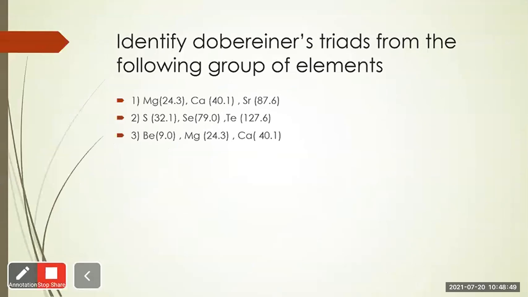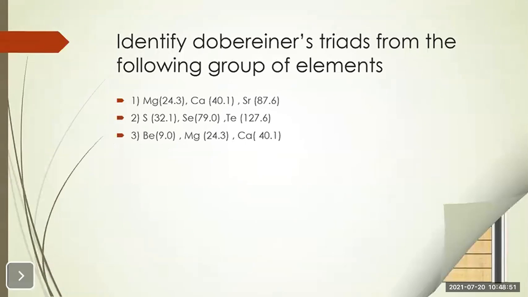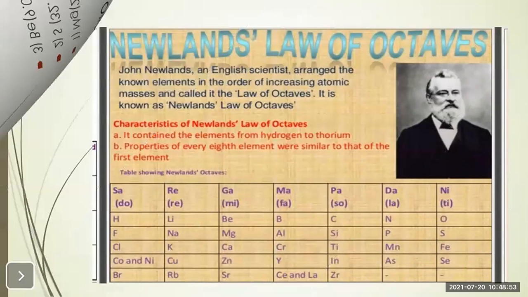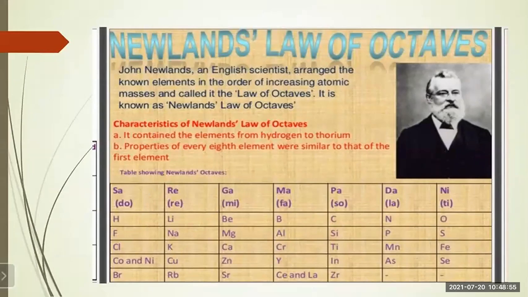Let us see the next one, Newland, and how he tried to arrange the elements. John Newland, who was an English scientist, arranged the known elements in the order of increasing atomic mass and called it the law of octaves.